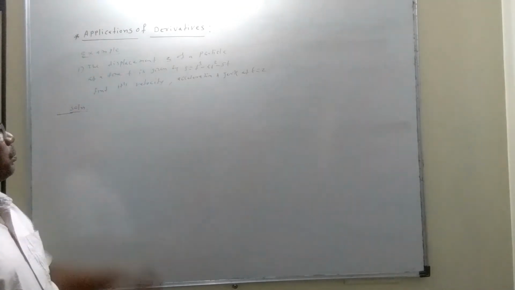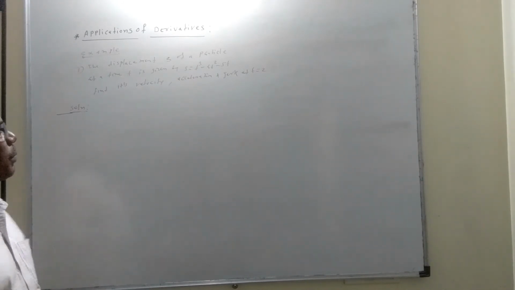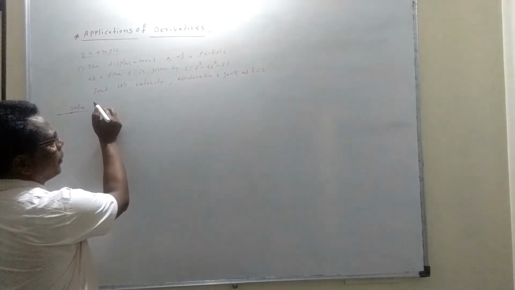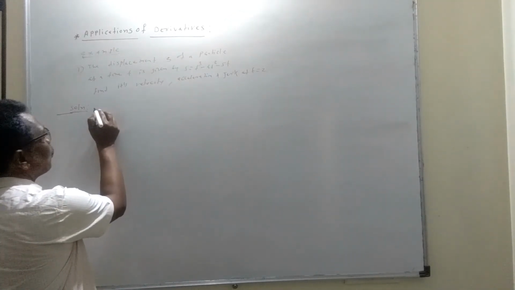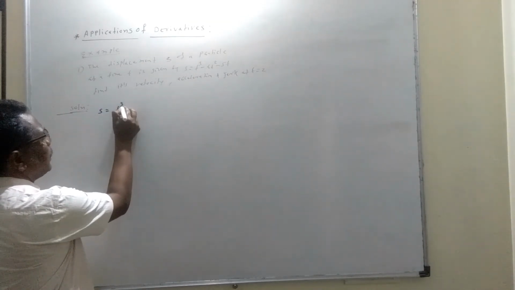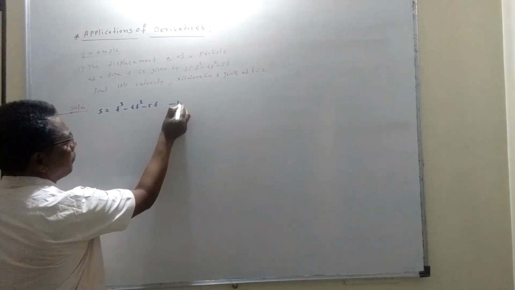The displacement s of a particle at a time t is given by s is equal to t cube minus 4t square minus 5t. You want to find its velocity, acceleration and jerk at t is equal to 2. So solution, we have s is equal to t cube minus 4t square minus 5t.